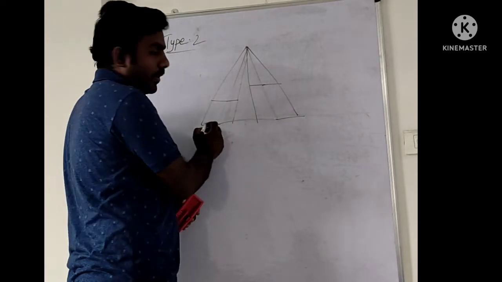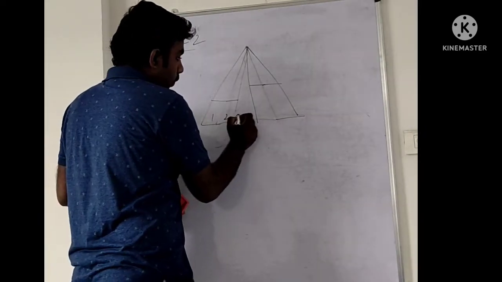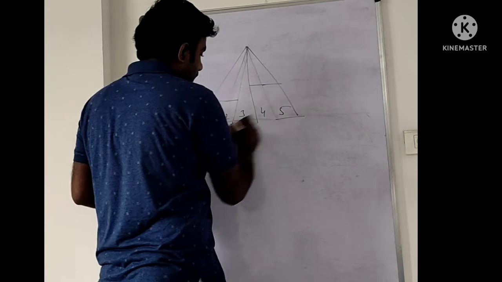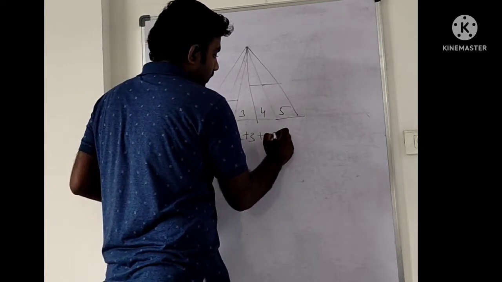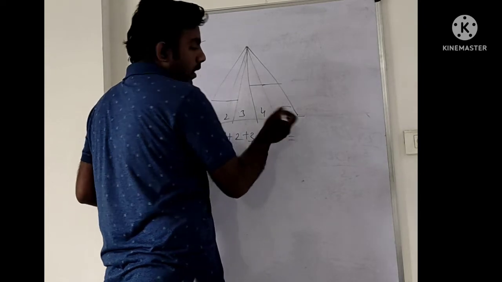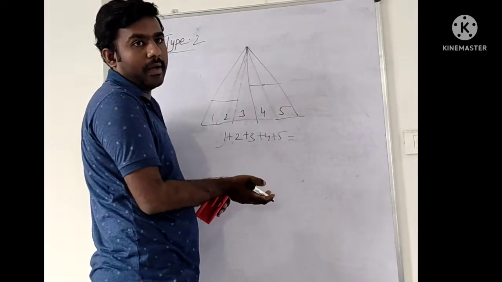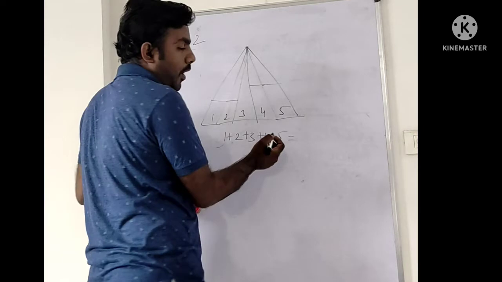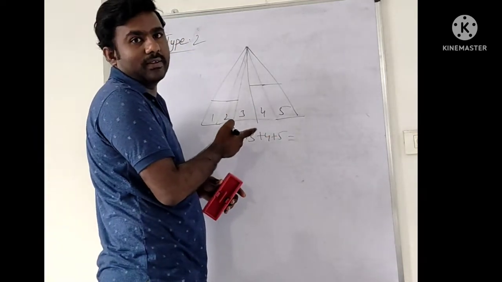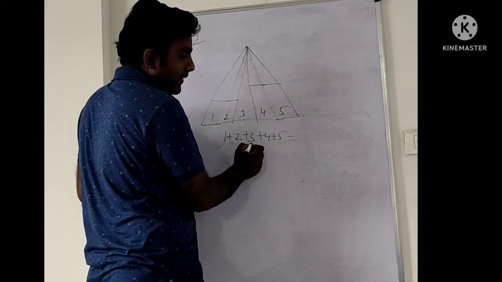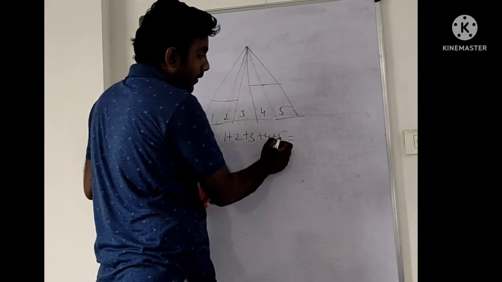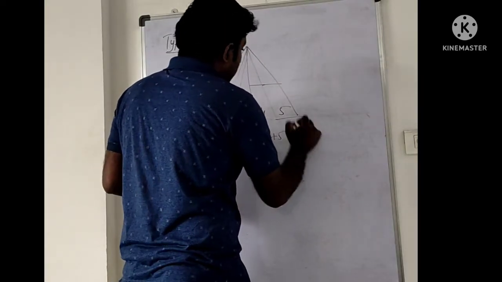We know the trick: how many bases are there? 1, 2, 3, 4, 5, which means 1 plus 2 plus 3 plus 4 plus 5, or otherwise 5 into 6 divided by 2. We have a formula for this type of figure: n into n plus 1 by 2. 2 plus 1 is 3, 3 plus 3 is 6, 6 plus 4 is 10, and 5 makes 15.